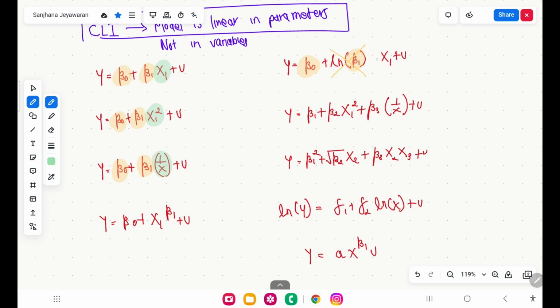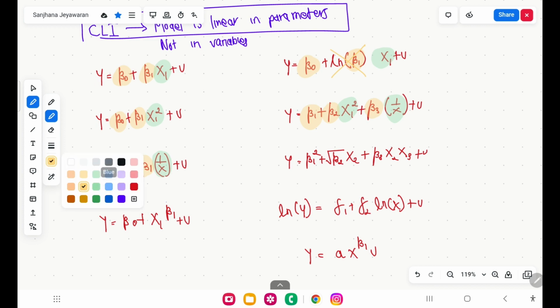It is linear in variables, but that doesn't matter because we are only concerned about the parameters. Next one, here it says 1 over x, x2, x to the power 2, non-linear in variables. But beta 1, beta 2, beta 3 are all linear. That means this model satisfies CL1.